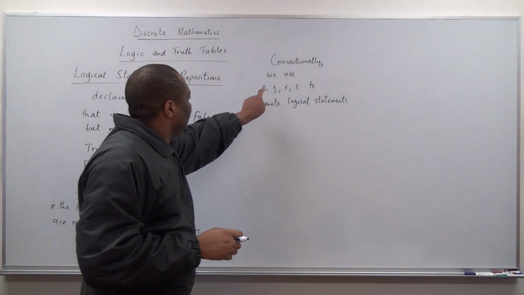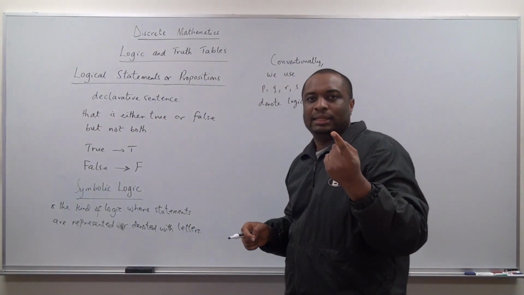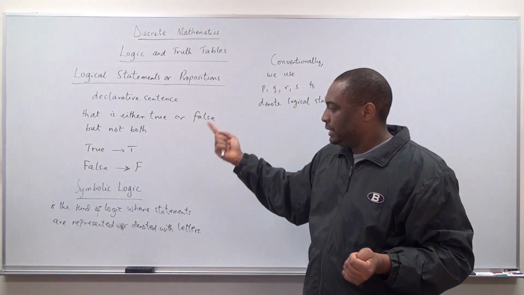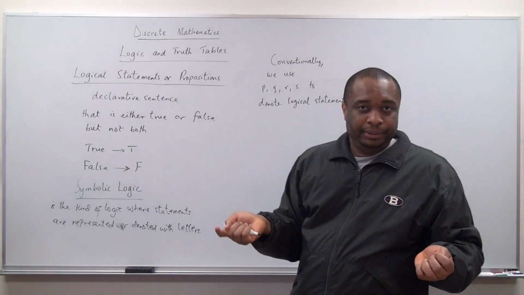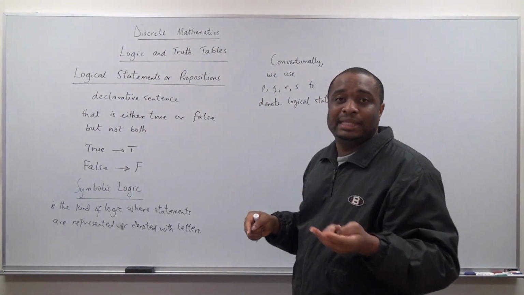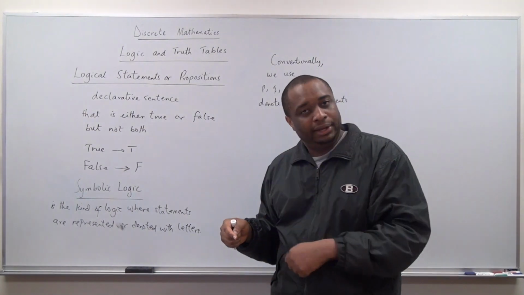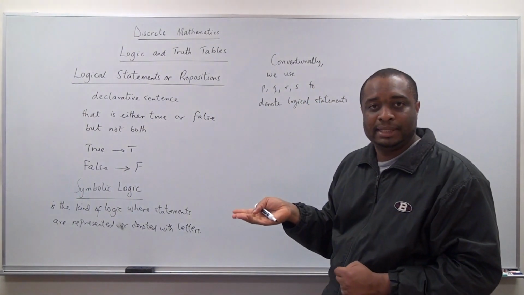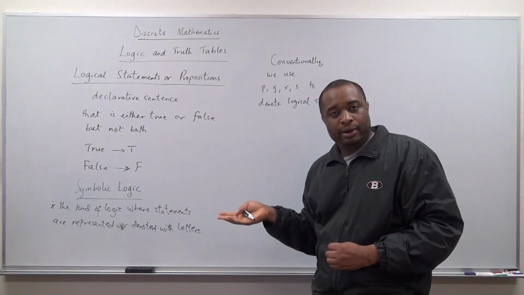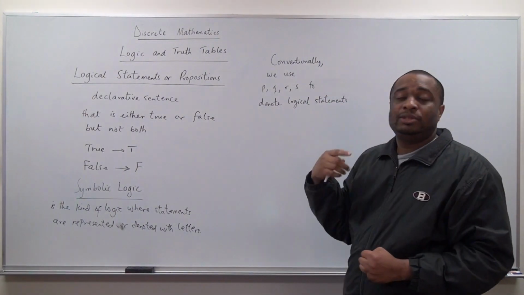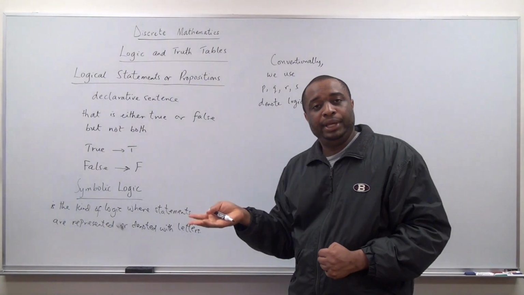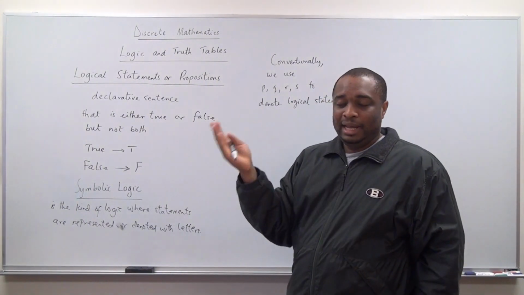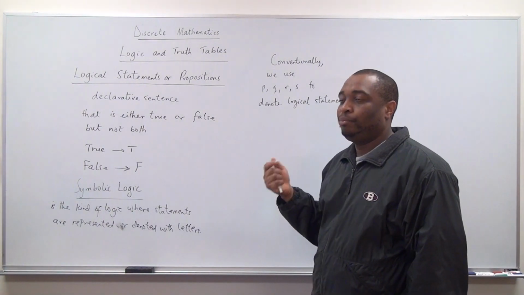So if we have only one statement or sentence, we use P. If we have 2 sentences, we use P and Q. If we have 3 sentences, we use P, Q, and R. If we have 4 sentences, we use P, Q, R, and S. Let's be familiar with saying statements or propositions.